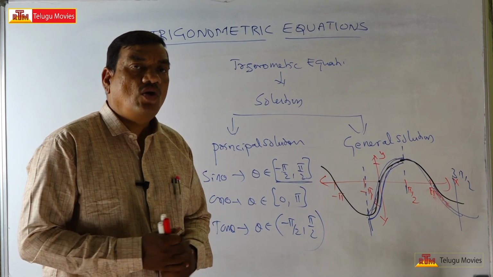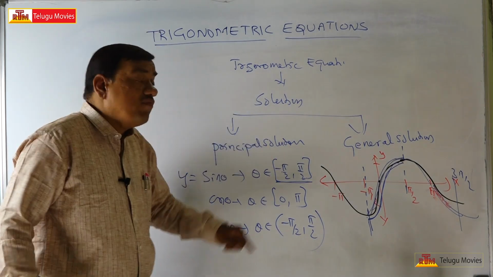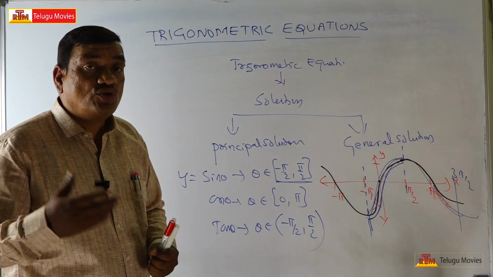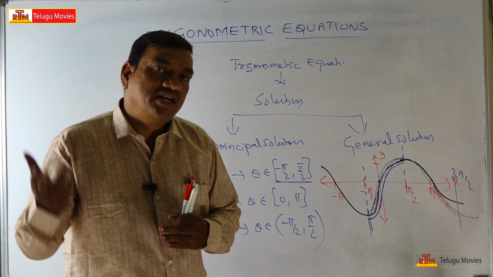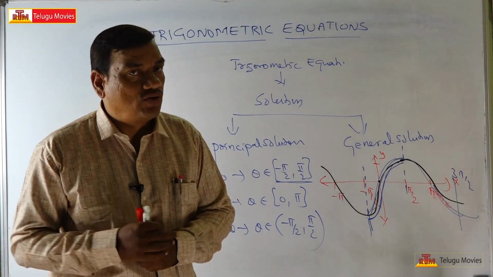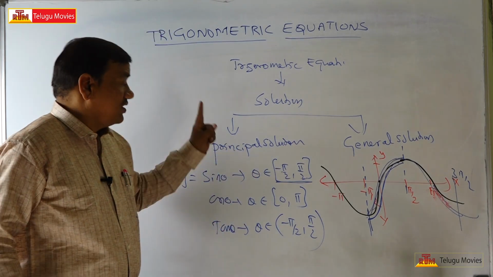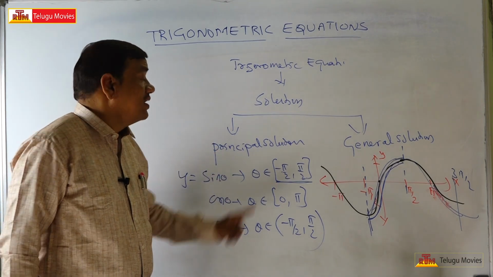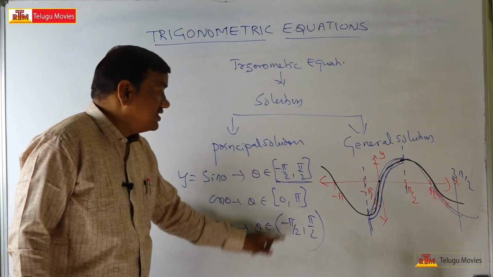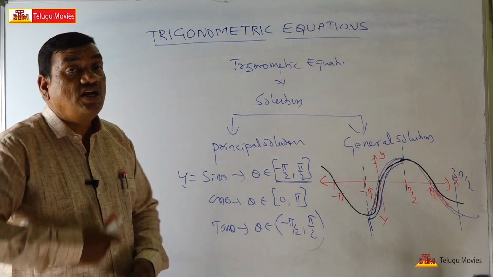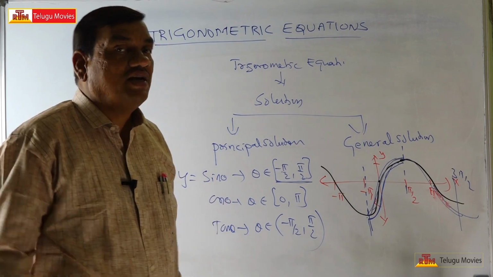Like that you will ask, no? If 1 kg is 22 rupees, from that you will calculate how much 2 kgs, 3 kgs, 4 kgs. The same concept applies here. First you have to find a principal solution from these intervals. From that solution, the remaining solutions will automatically be generated.